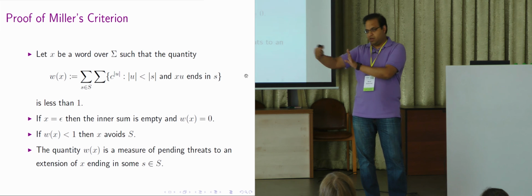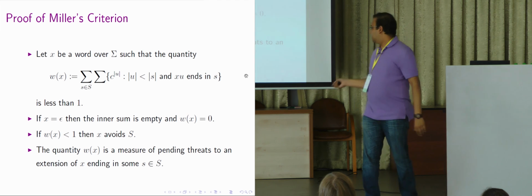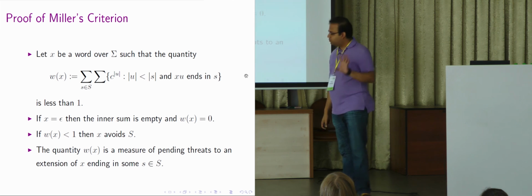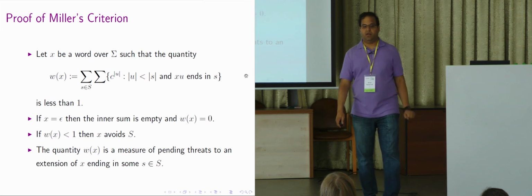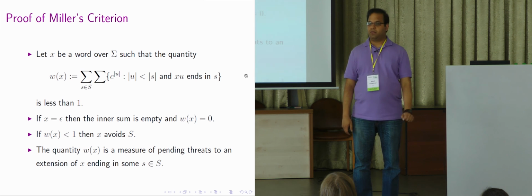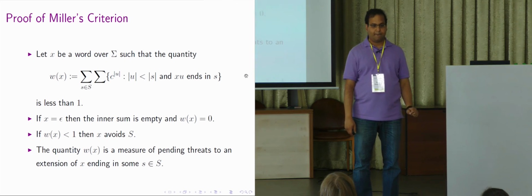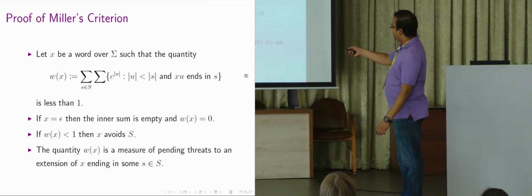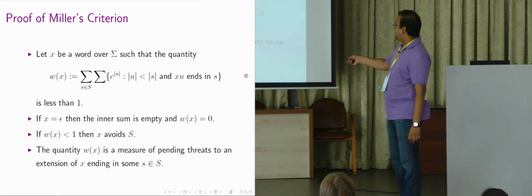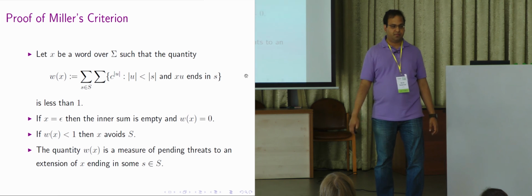This quantity W of x measures how close I am to creating something bad if I extend. And the point is, as long as this W of x is less than 1, x must avoid S.